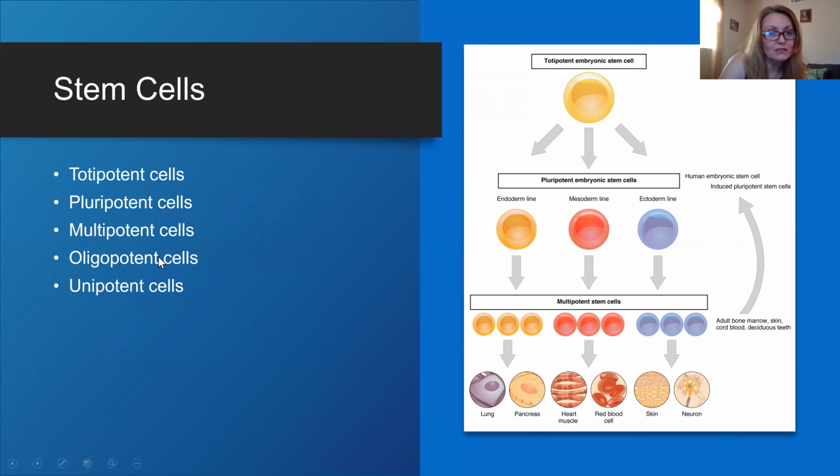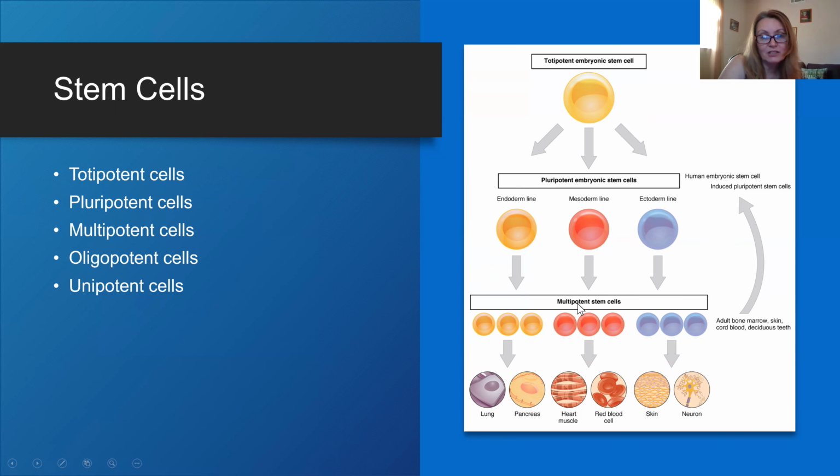Now, multipotent, oligopotent, and unipotent: you see this division tells us that those cells can differentiate into fewer and fewer cells, and unipotent can only differentiate into its own kind of cells. So human embryonic cells are pluripotent, and adult bone marrow cells, skin cells, cord blood, deciduous teeth, right?